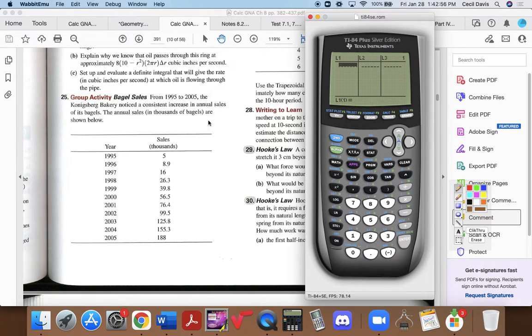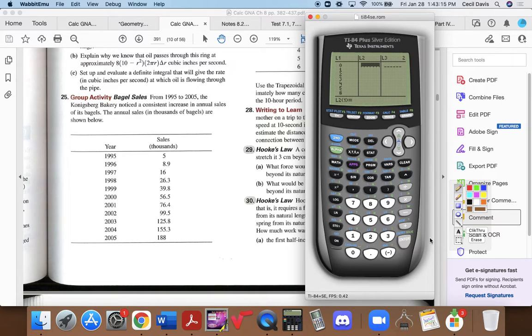And we want it to be in years since 1995. So we're going to have 0, 1, 2, 3, 4, 5, 6, 7, 8, 9, and 10, right?